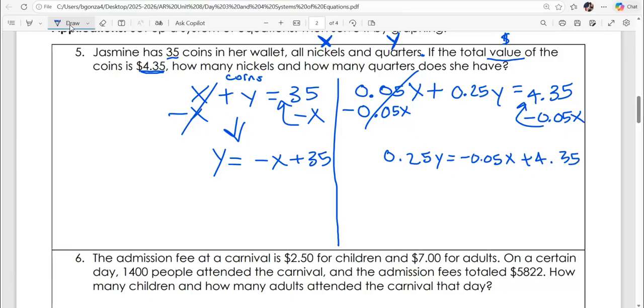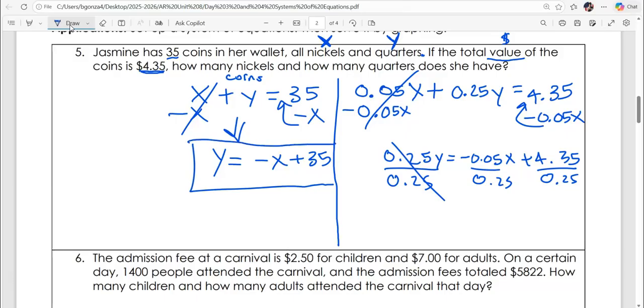Now, all right, and then how do you get rid of the number in front? Just like the warm-up, you divide by 0.25. Now, this one is y equals. And now this one is y equals.